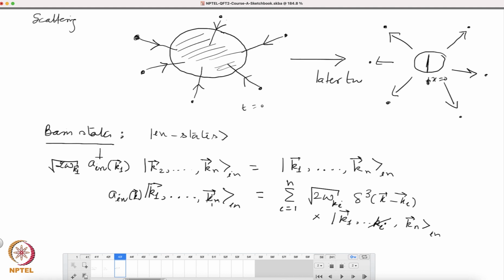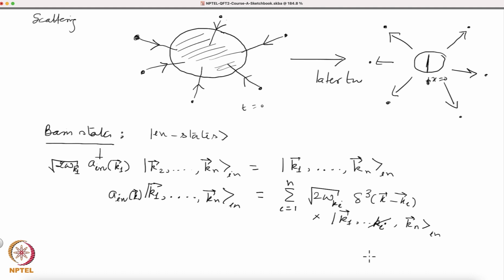And if none of these labels k1, k2 and kn matches this label k, then this delta function will be 0, and then the right hand side just vanishes. So it's just removing that. If that label is present, it removes that label and gives you a state or a sum of in states with one less label. And if the label k is not present in this list, then it just kills that state. So just a second.